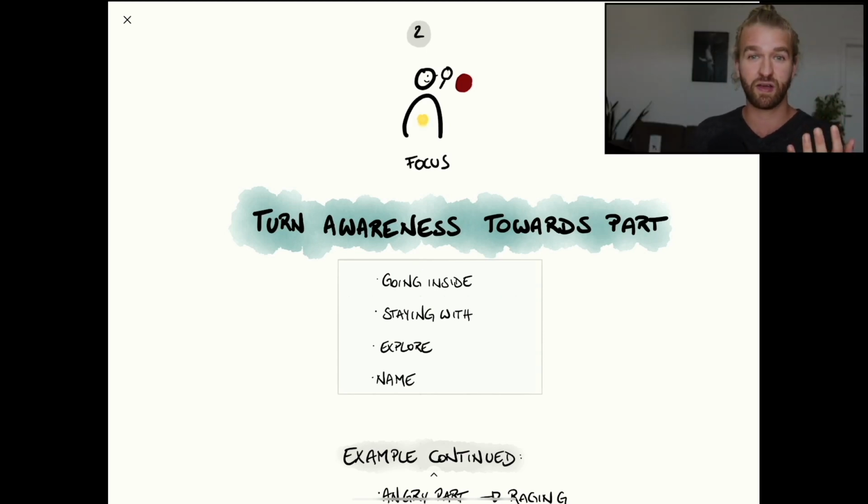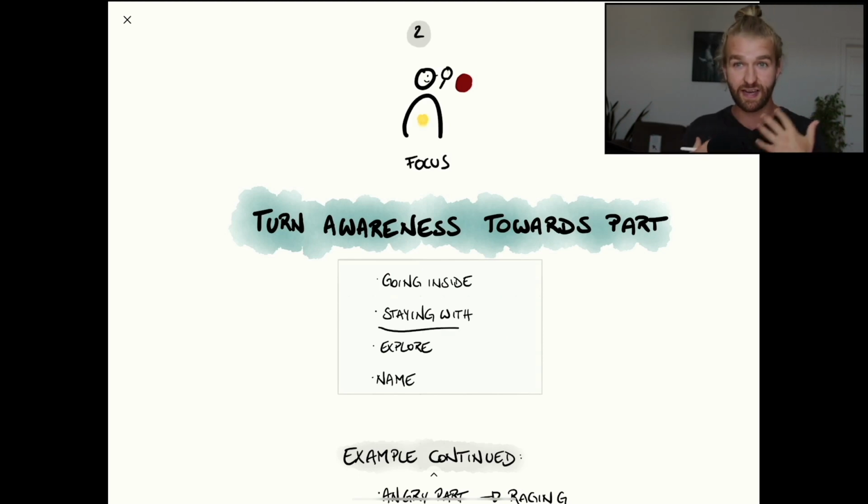Oftentimes, this step can include going inside and exploring more. It can mean taking a moment to stay with the experience, the thoughts, the feelings that go along with that, to name whatever it is that we're exploring there. It's just about having the awareness, the attention inside with the part and really turning towards that.